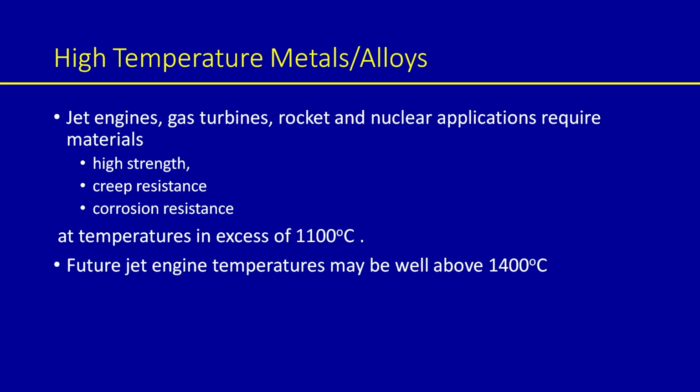Other than that, we also have high temperature materials like alloys and ceramics. Jet engines, gas turbine engines, rockets, nuclear applications require this. They need to have high temperature strength, creep resistance, corrosion resistance at temperatures higher than about 1100 degrees Celsius.